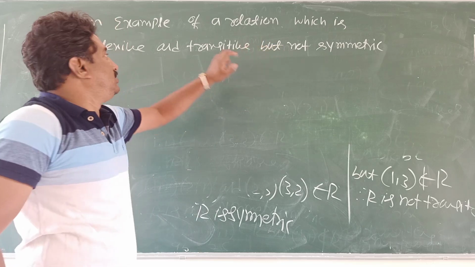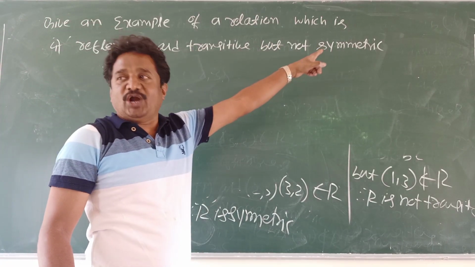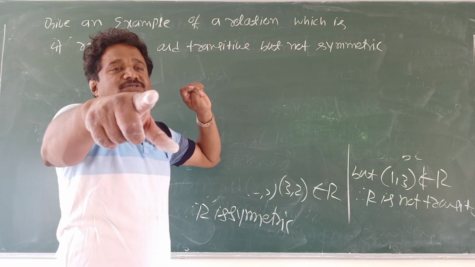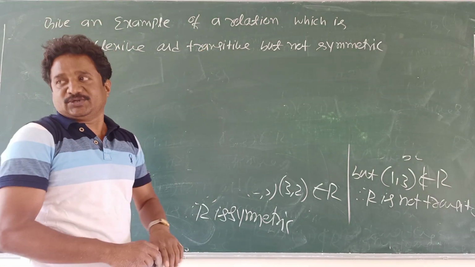If you write a relation which is reflexive and transitive, it automatically becomes not symmetric. You need not take much risk. Only the third question will be quite different. These questions are direct questions.